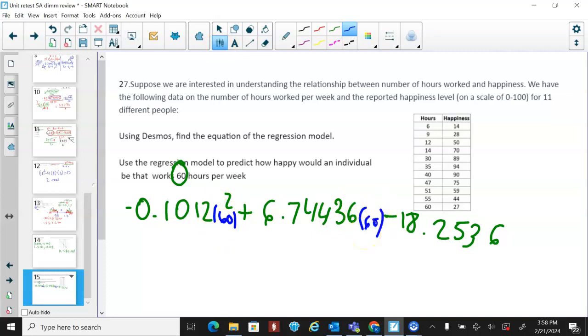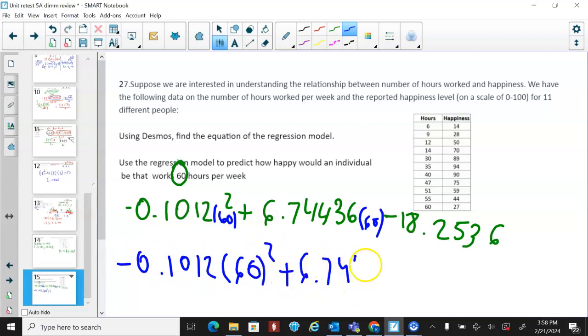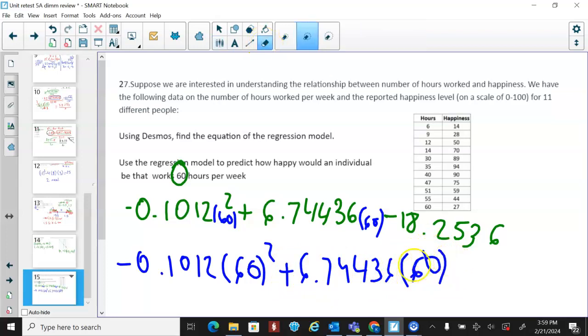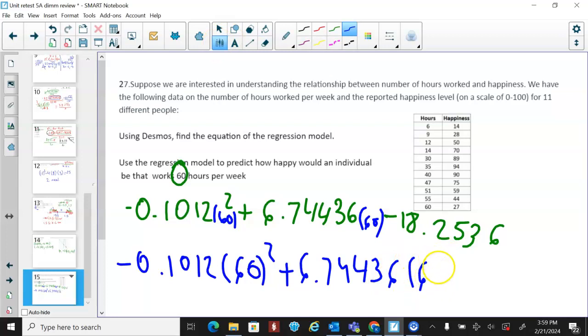And when you put it into the calculator, you're going to have negative 0.1012 times 60 squared, and then plus 6.74436 times 60, and then minus the 18.2536. Okay, now when you do that, you should get 22.